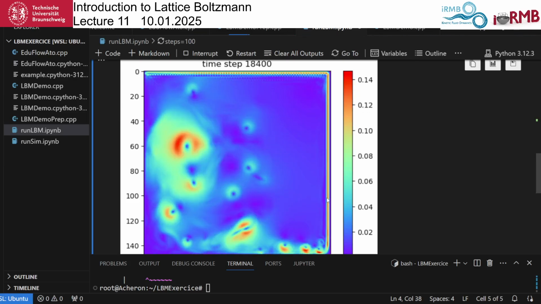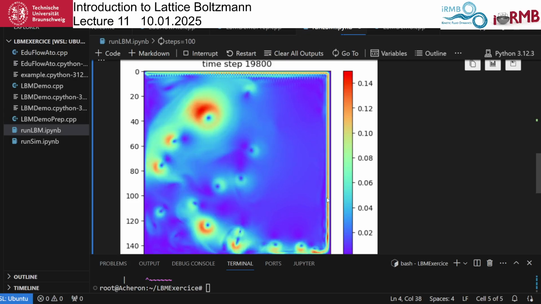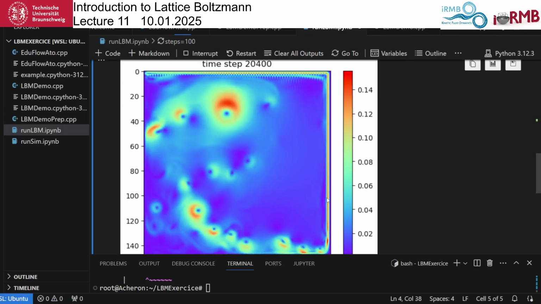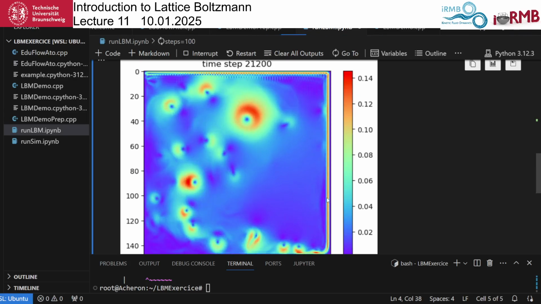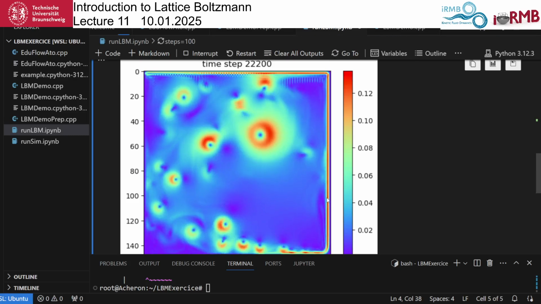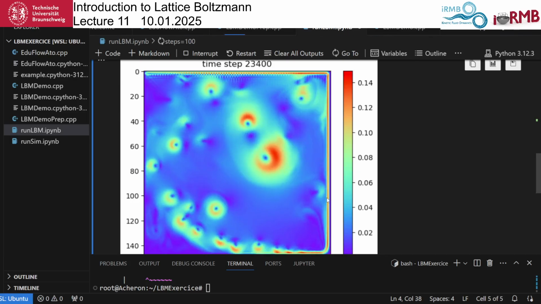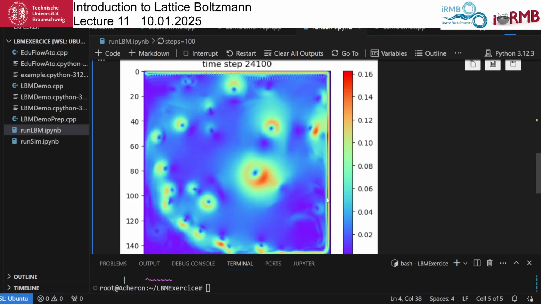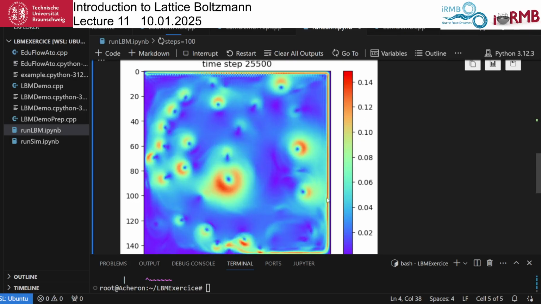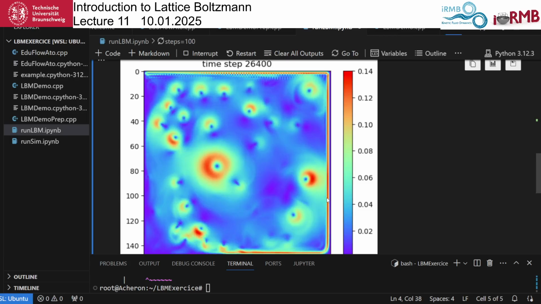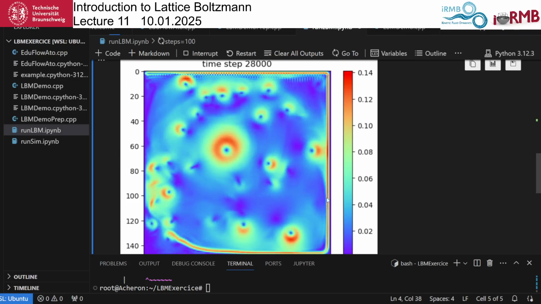For example, taking the M11, the viscosity is governed by the BGK relaxation rate. Yes, if the omega of M11 is 1, that means that M11 is going to be the same as the equilibrium. Yeah, but this is not the case.